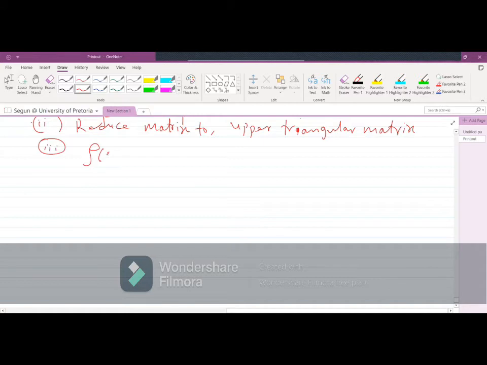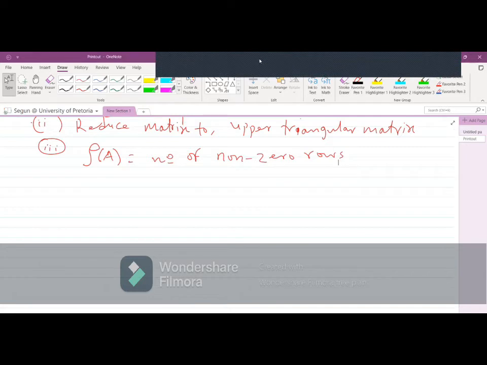This is our sign for the rank of a matrix: it is equal to the number of non-zero rows. What do we mean by number of non-zero rows? Number of rows that don't have all entries to be 0.